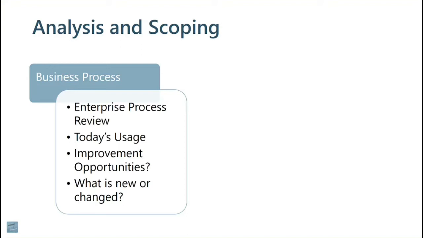You also want to take that list of processes and cross-reference system changes. What's new in the new version that we need to look at, what's changed, and what's been deprecated? This can be a challenge to do. Microsoft does release some really good content on new, changed, or deprecated features.